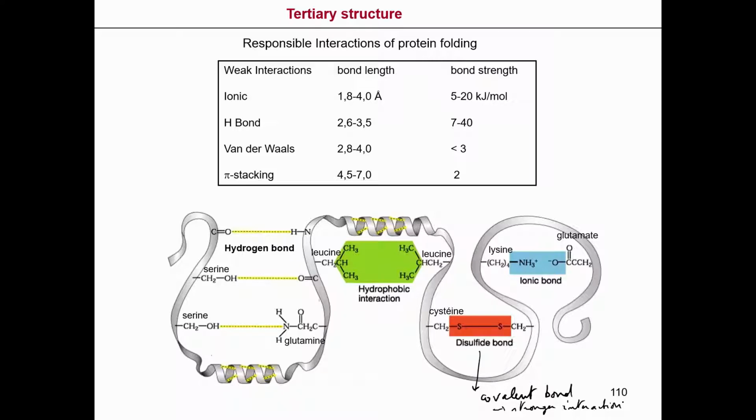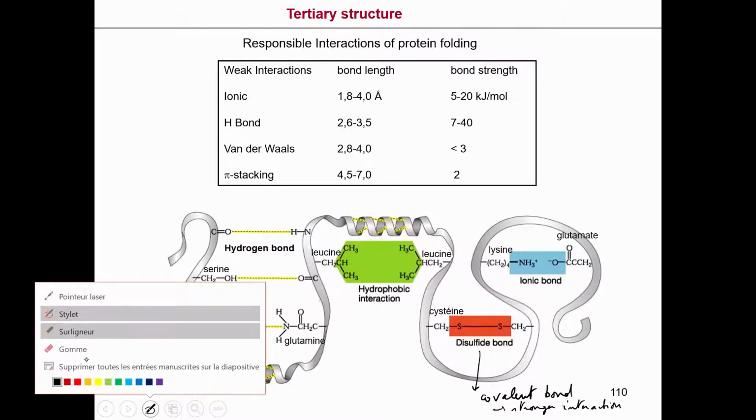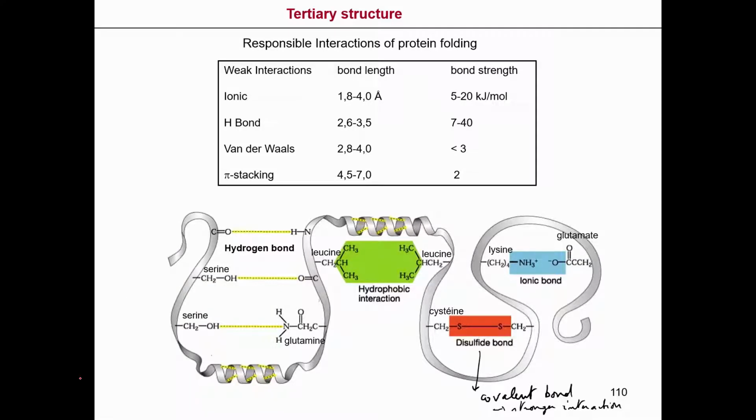And how can we break this disulfide bond? If we want to break this bond, how can we do that? We can use what type of chemical agent, chemical reactant to break this bond?